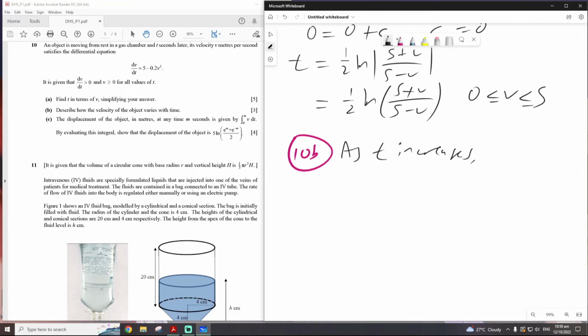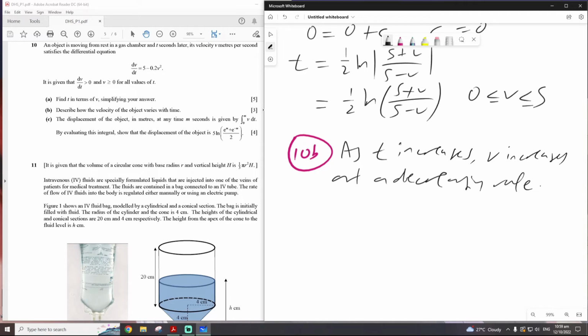But you need to see that it's actually increasing at a decreasing rate.